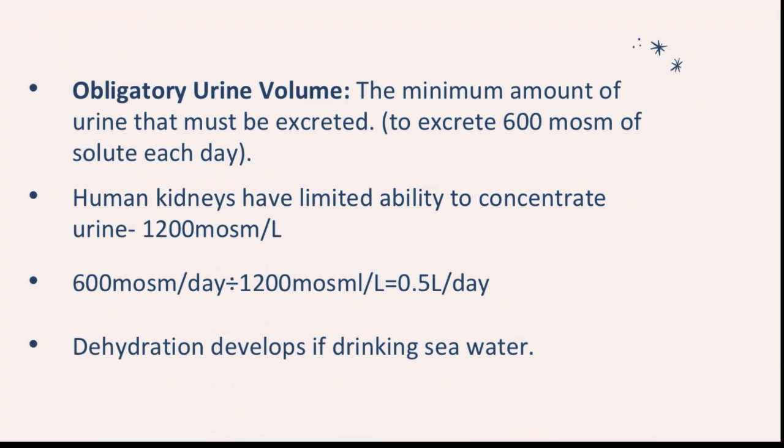If the maximal urine concentrating ability is 1,200 milliosmoles per liter, then the minimal volume of urine that must be excreted, called the obligatory urine volume, can be calculated as 600 milliosmoles per day divided by 1,200 milliosmoles per liter, which equals 0.5 liter per day.